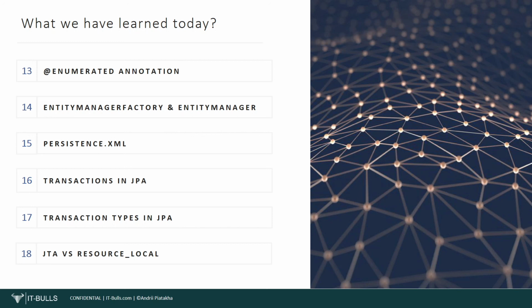After this lesson, you learned what EntityManagerFactory and EntityManager are. Together we created our persistence.xml file and learned the key configurations. I explained transactions in JPA, and we talked about different transaction types in JPA. We compared the difference between JTA and resource-local transactions.